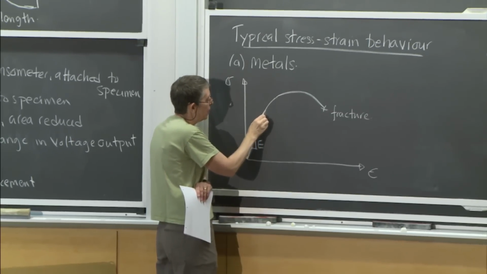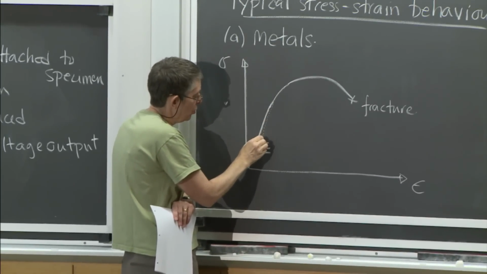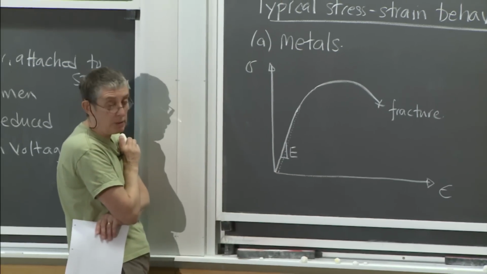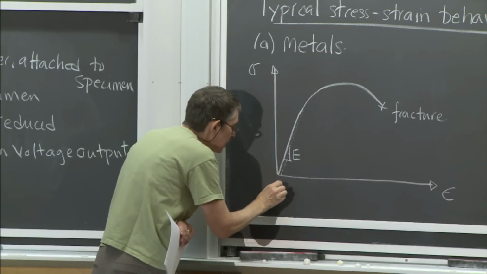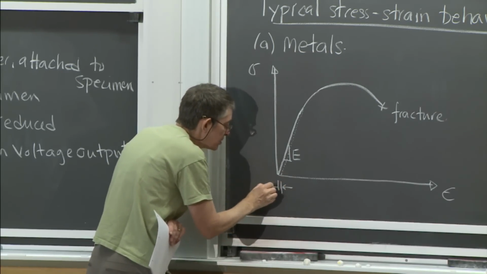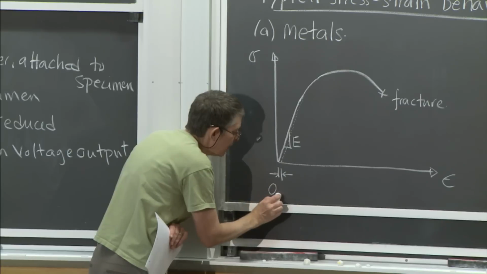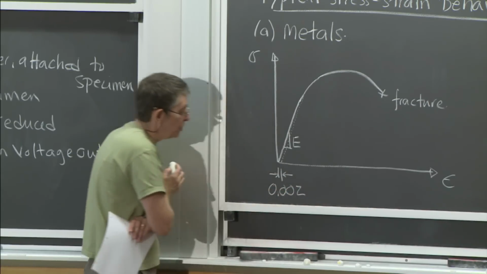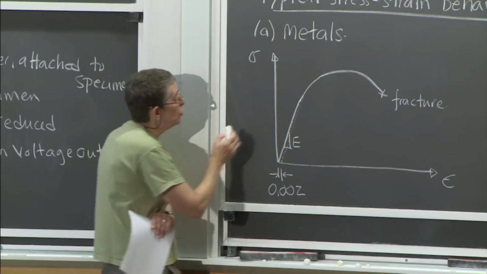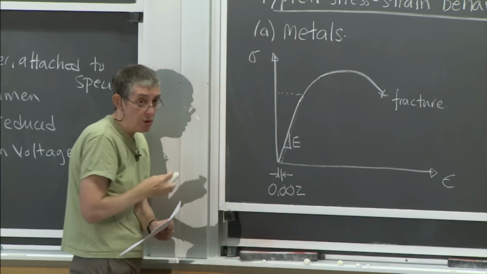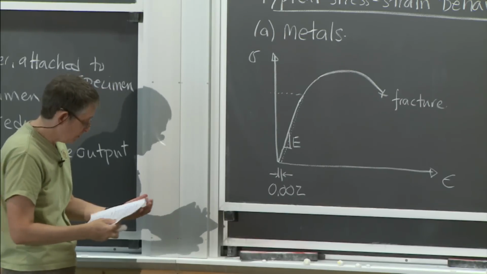If I unloaded it, the unloading occurs parallel to my slope of my loading curve there. It's parallel to the Young's modulus there. And then this little bit of strain here, there's a little bit of offset. That's my plastic strain, my permanent strain. That strain is 0.2% or 0.002.